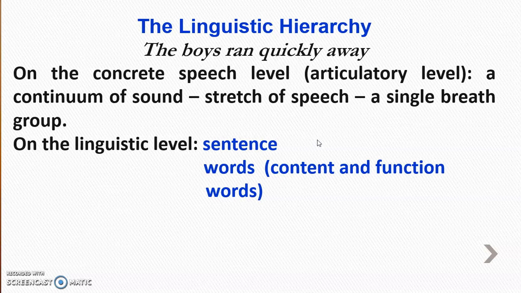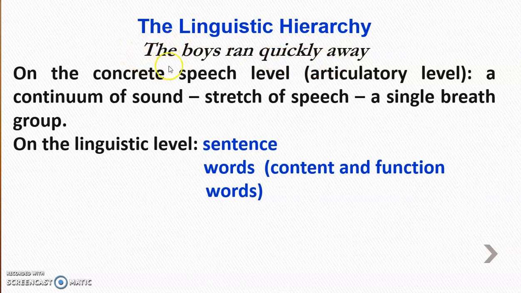Some of these words are content words and some are function words. Which are the content words? Words that carry meaning, lexical words, nouns, verbs, adjectives, and adverbs. In this case, a noun, boys, a verb, ran, an adverb, quickly. Great. And what happens to this?